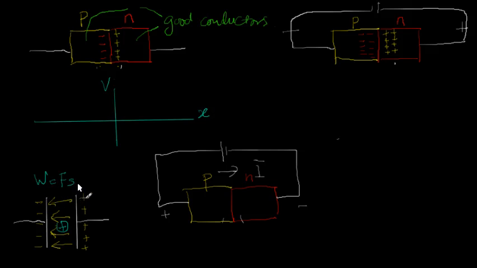The distance here is just the distance along here, which is x. So it's actually F times x, which is directly related to charge times potential. That means that if I want to plot a graph of V against x, it would be a straight line, which looks like this.